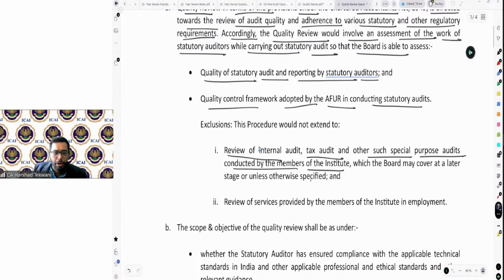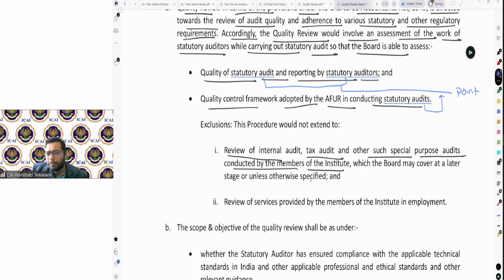Statutory auditor. Statutory audit. So these are the points of difference between the peer review and the quality review, because quality review is only talking about statutory audit.